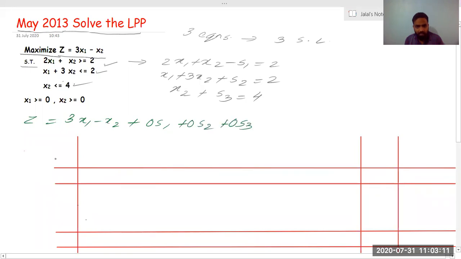So if we try to write this, what will come here is x1, x2, s1, s2, s3. Now if we try to write the values from the first constraint equation, it is having 2, 1, minus 1, so it will be 2, 1, minus 1, 0, 0. The second equation is having 1, 3, 0, 1, 0.